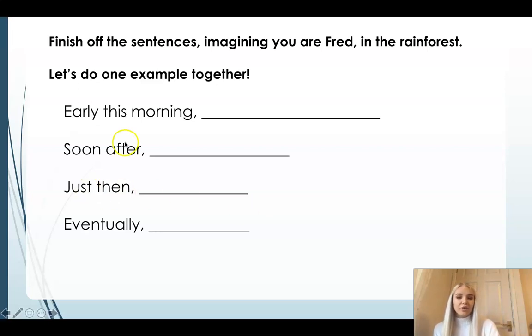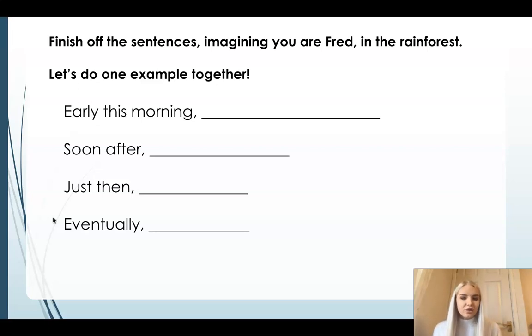So I have given you the examples here of the fronted adverbial of time, early this morning, followed by soon after, followed by just then, followed by eventually. So you can see here that it comes together a bit like a sequence of events, and that's exactly what we need to do today.